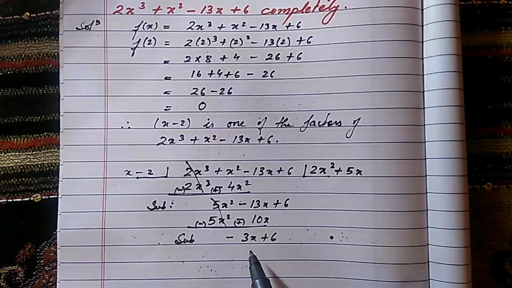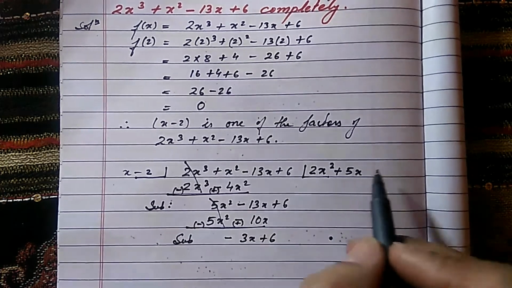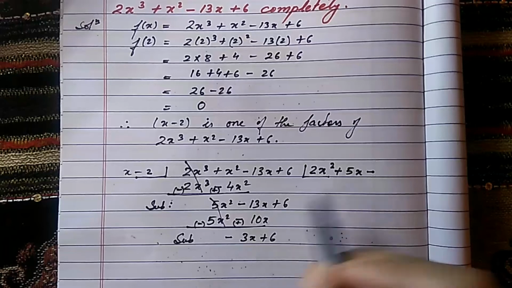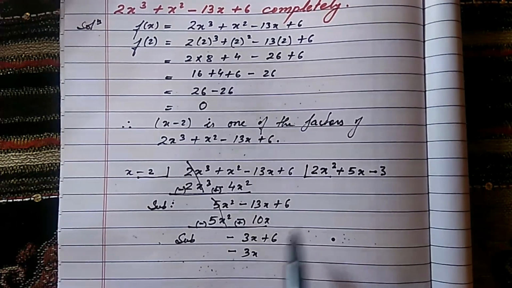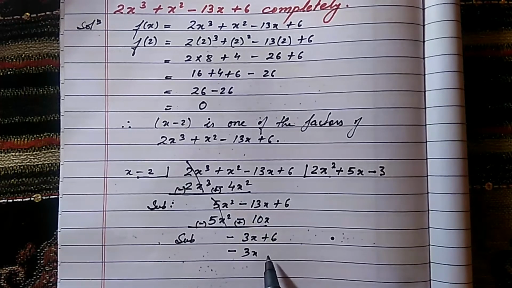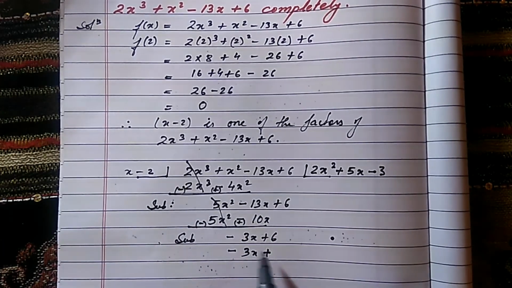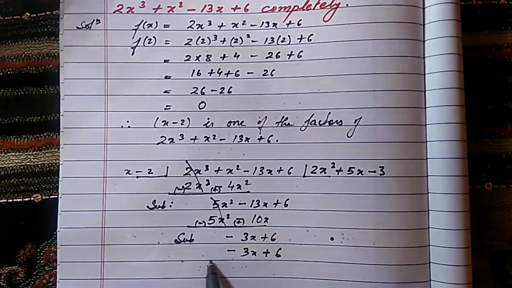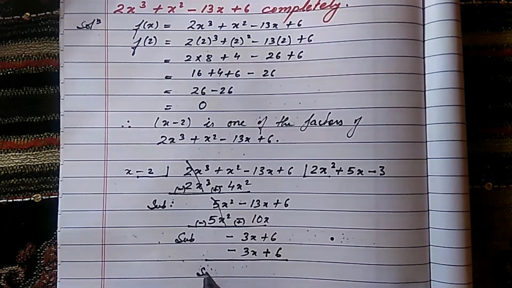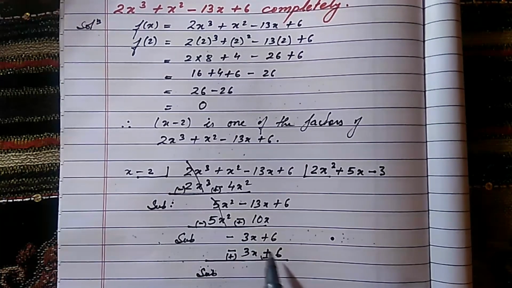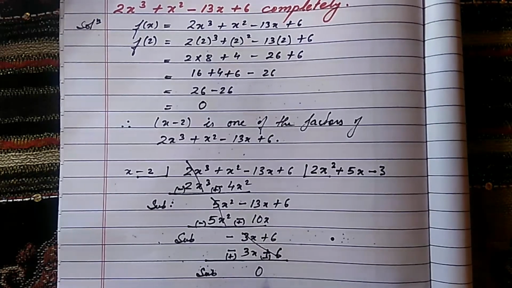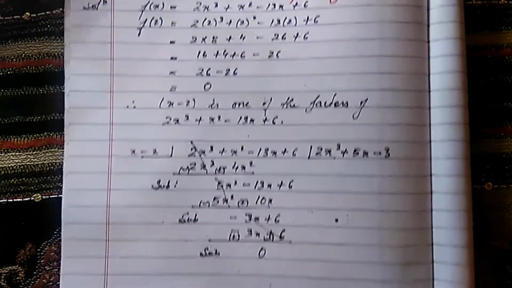Now I have to get minus 3x. So how will I get it? If I write minus, I'll get minus sign here. If I write 3, then I'll get minus 3x, but that needs to be multiplied by minus 2 also. So negative and negative multiplied together result in positive, and 3 into 2 is 6. Now when we subtract, the sign gets reversed. Both these terms have the same magnitude and opposite signs, they cancel out, the remainder is 0.